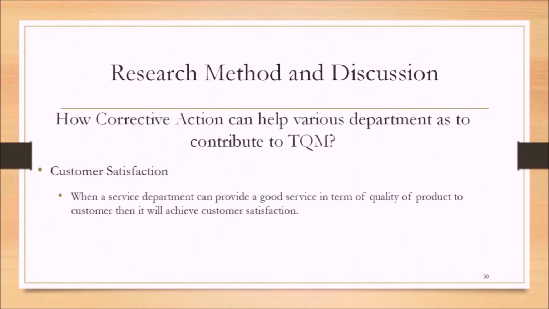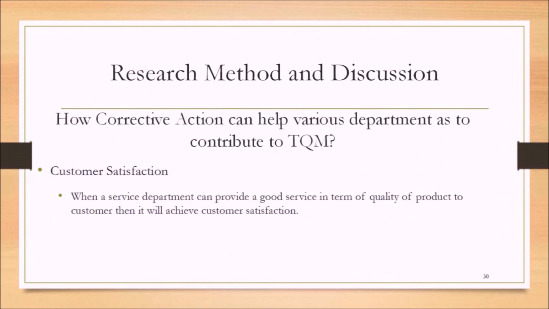As mentioned previously, TQM stresses three principles, which are customer satisfaction, employee involvement, and continuous improvement. We will now look into how various departments can contribute to these three principles of TQM by carrying out the corrective actions.